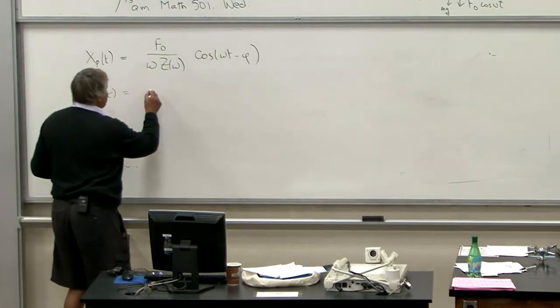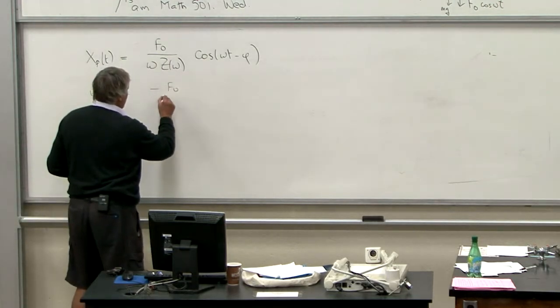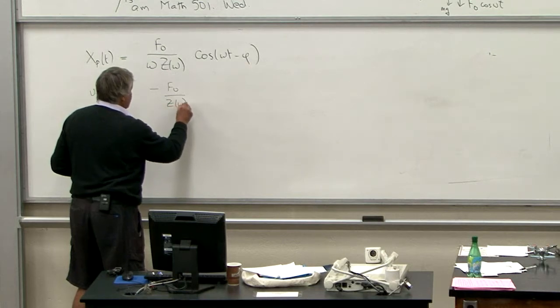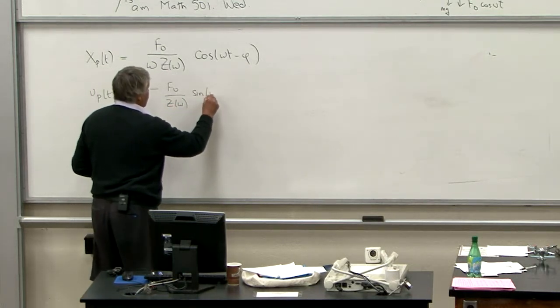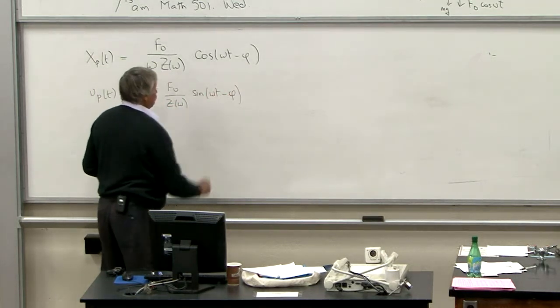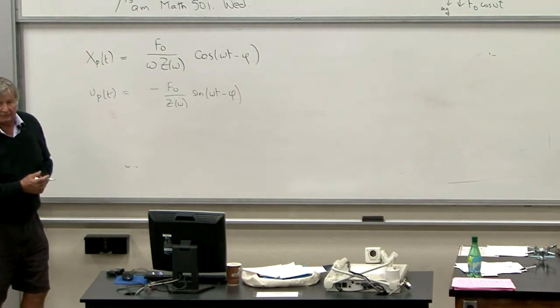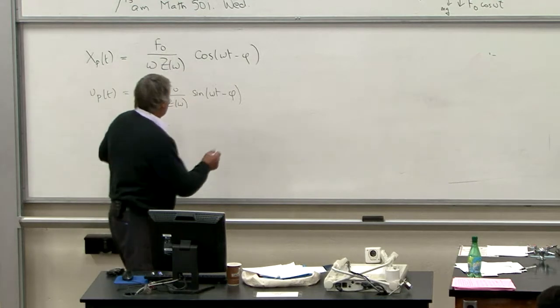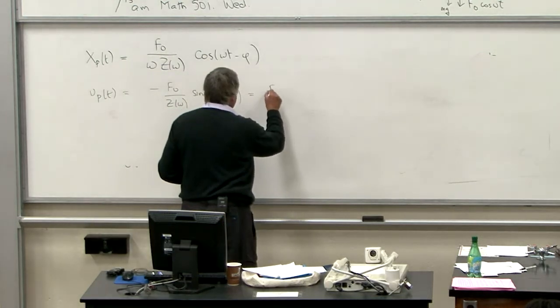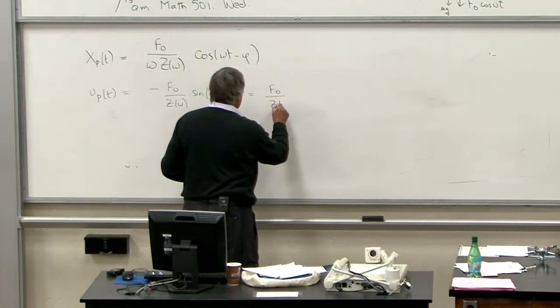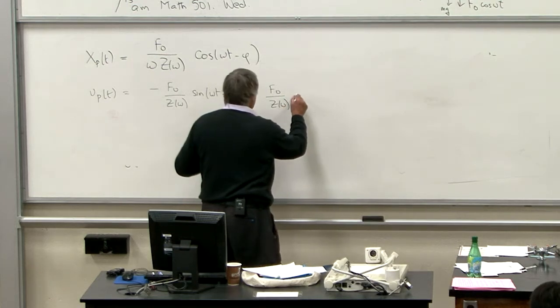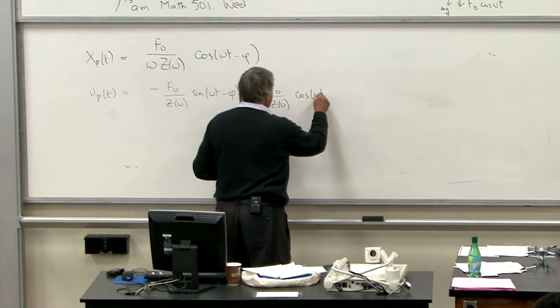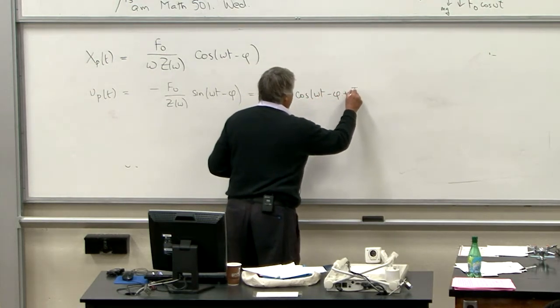And if I differentiate this with respect to t, I'm going to get minus f0 over Z(omega) sine of omega t minus phi. Now I choose to always write things in cosine form, so this is f0 over Z(omega) times cosine of omega t minus phi plus pi by 2.